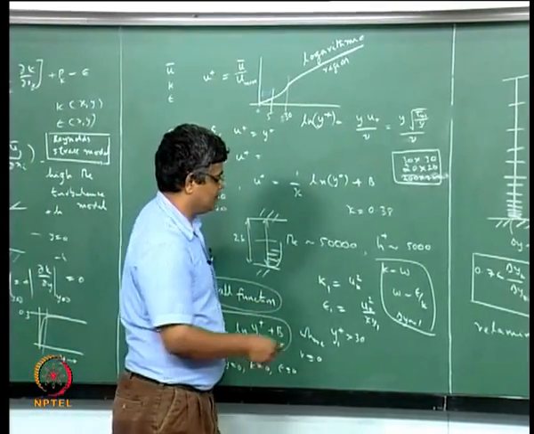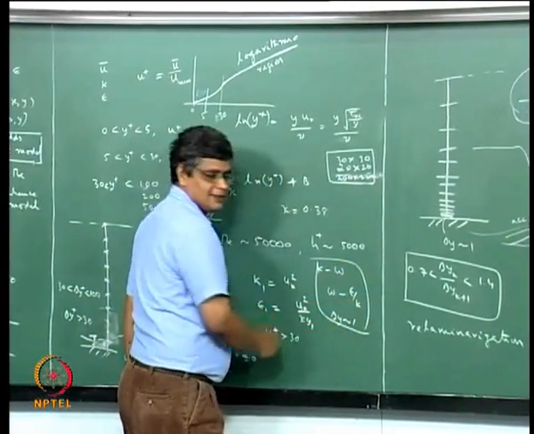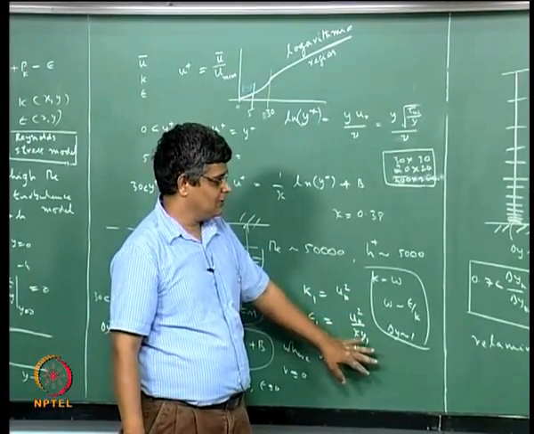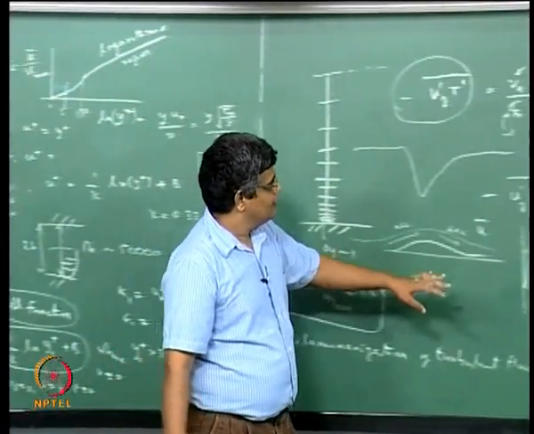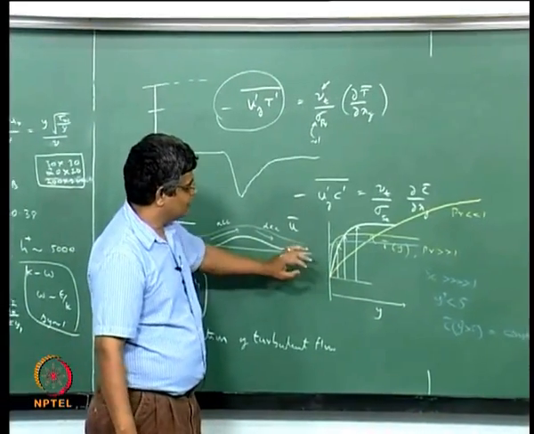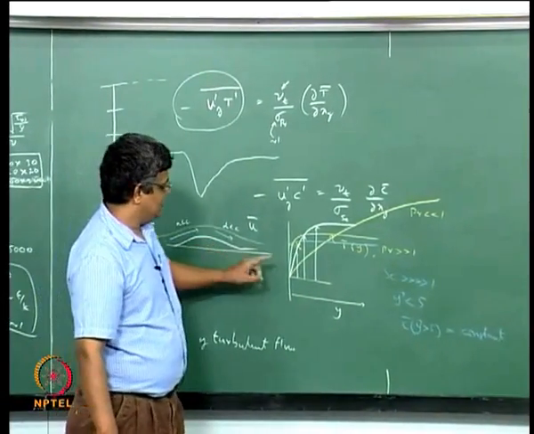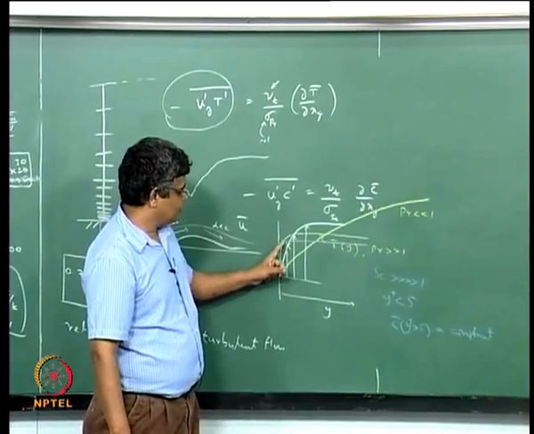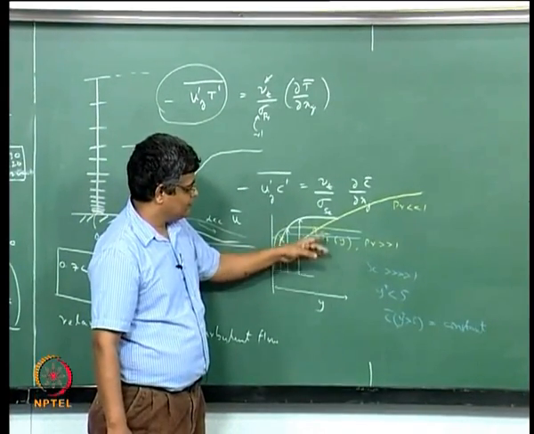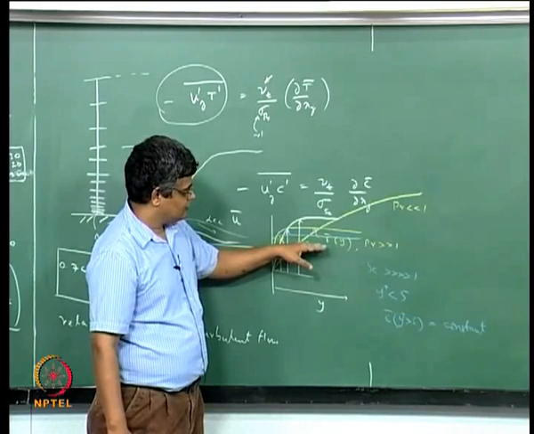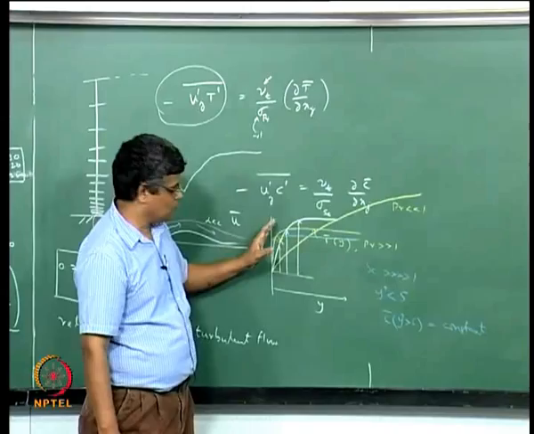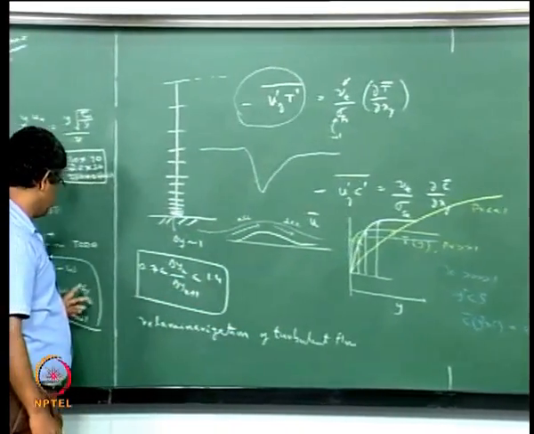So if necessary, one may have to go to models which can take us right up to y equal to 0, in which case we can bring in faithfully the effect of molecular viscosity and molecular diffusivity in the species mass flux and energy flux close to the wall. So that's one thing.